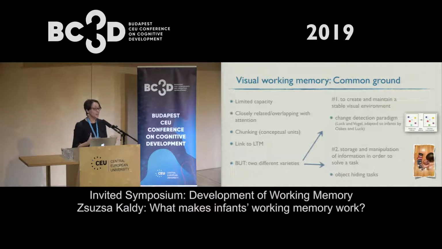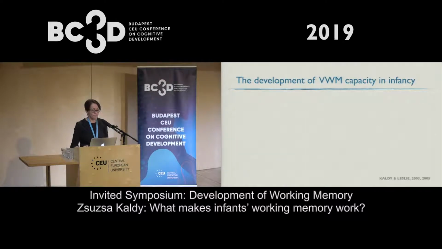And we've been studying this ever since Jean Piaget with object hiding tasks. So what I'm going to argue is, first of all, that these two mechanisms are not identical, even though they both are literally called visual working memory, and that I'm going to be focusing on the second variety.